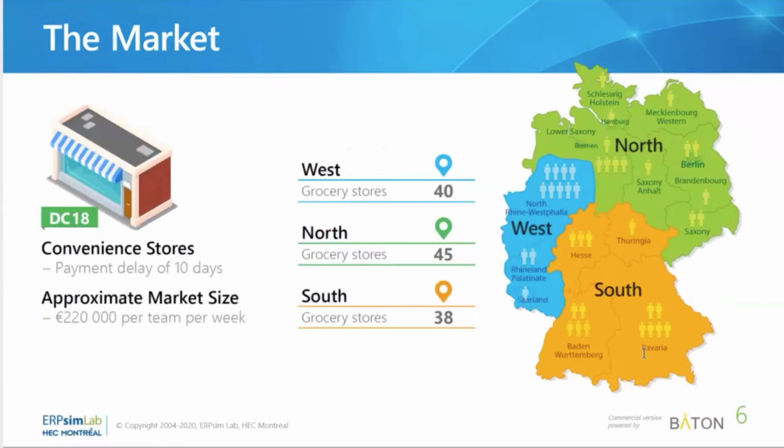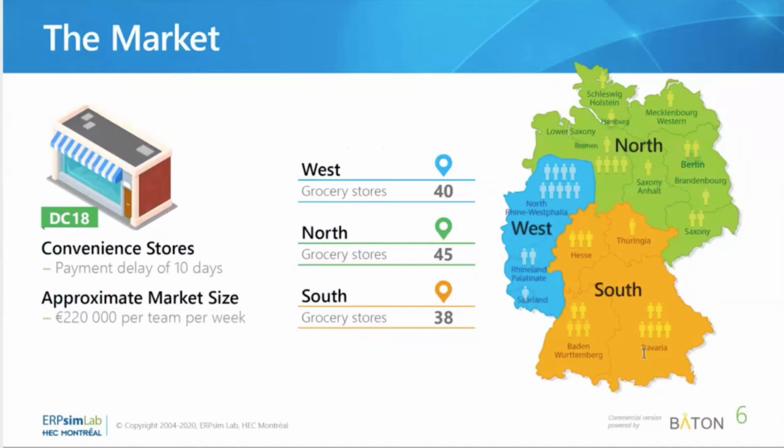And here are the preferences or characteristics of the market. In the West, there are 40 grocery stores, in the North, 45 grocery stores, and in the South, 38 grocery stores. So you can tell that the North is the largest region where you can sell. There are more consumers than in the southern region.